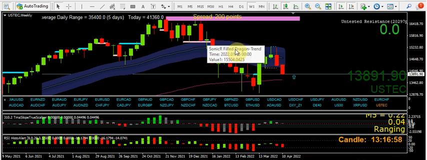So on this chart we've got the 3 candle reversal. This is Aaron's fantastic indicator, Intrepid Noodle on Twitter.